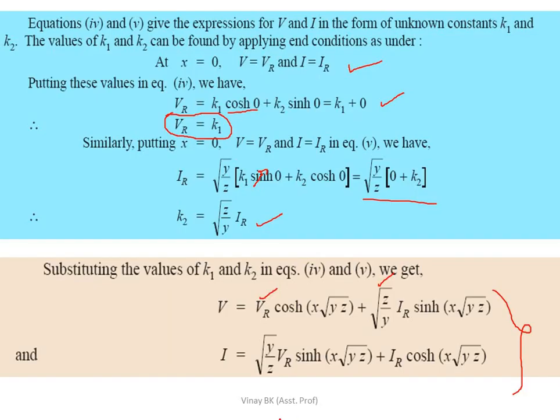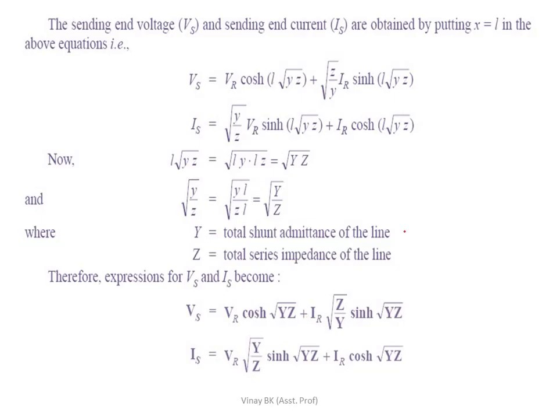So instead of writing V, I'll write Vs, and wherever there is an x, I'll substitute the value of x as L, so that I get cos h L and sin h L. Now L into square root of yz, I'll write as square root of L into square root of L.